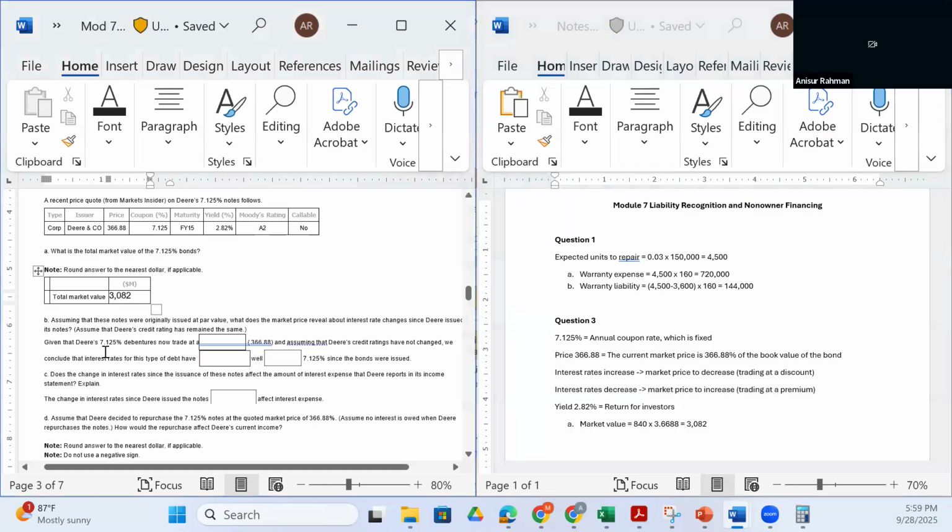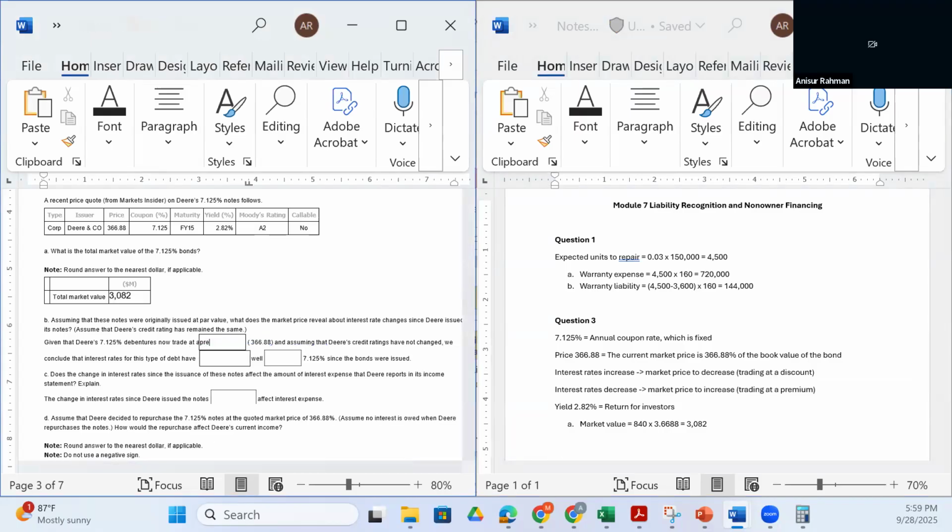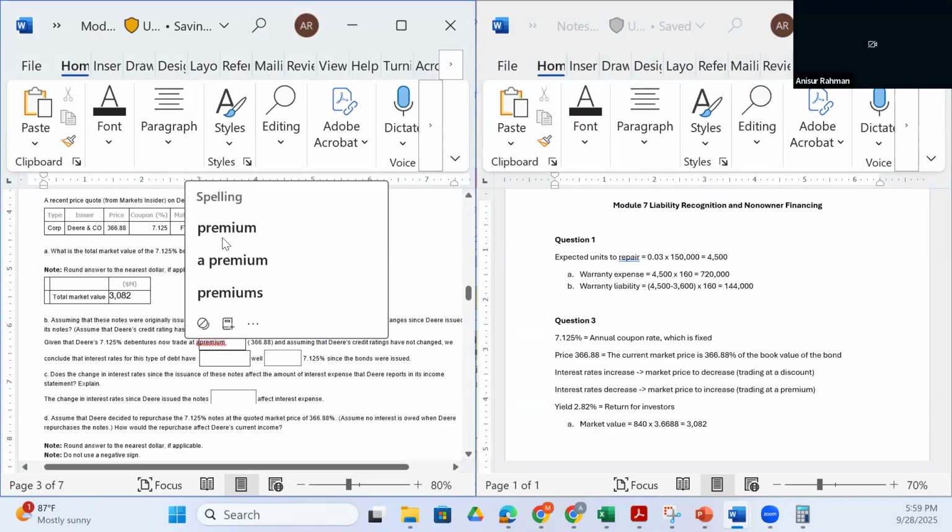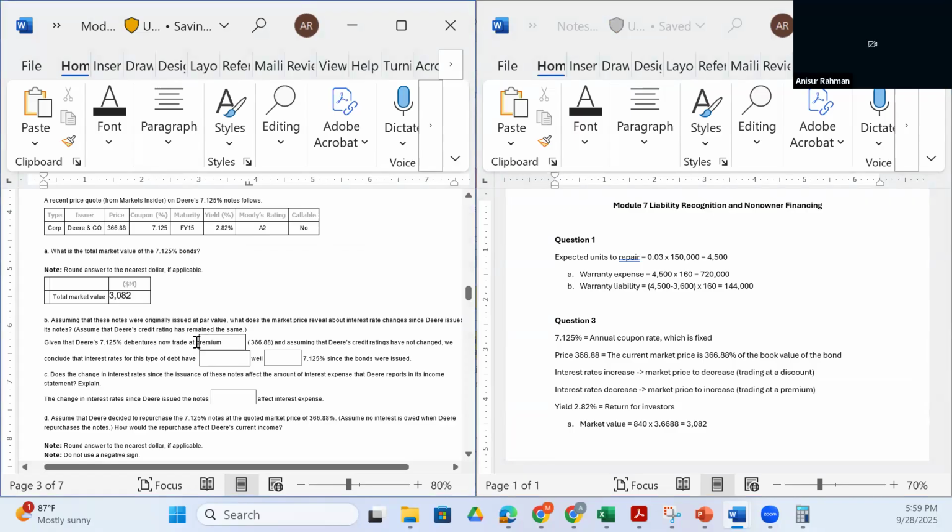Given that Deere's 7.125% debentures now trade at a premium, and assuming that Deere's credit ratings have not changed, we conclude that interest rates for this type of bond have decreased.